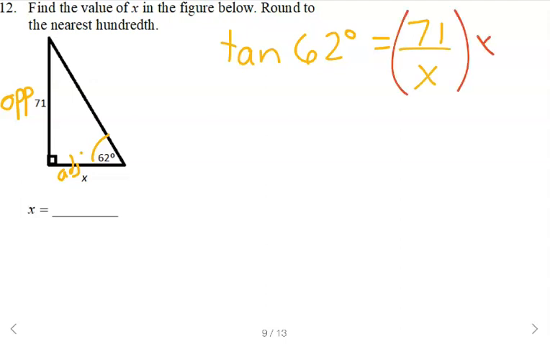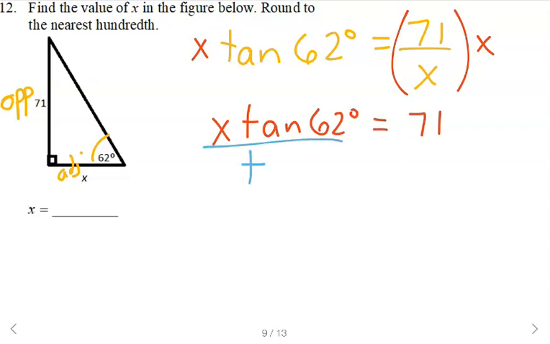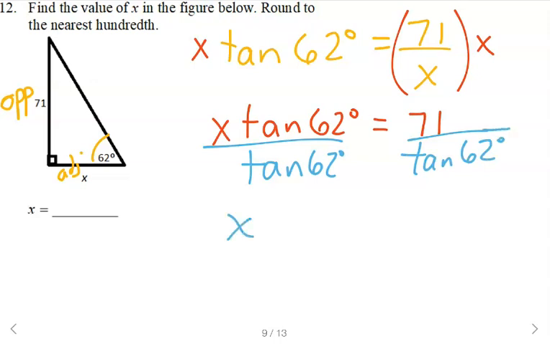We can multiply both sides by x. So we have x tangent 62 degrees equals 71. And then we want to solve it for x, so divide both sides by the tangent of 62 degrees. The tangent of 62 degrees divides out to 1, and then we'll go to our calculator for this decimal approximation.